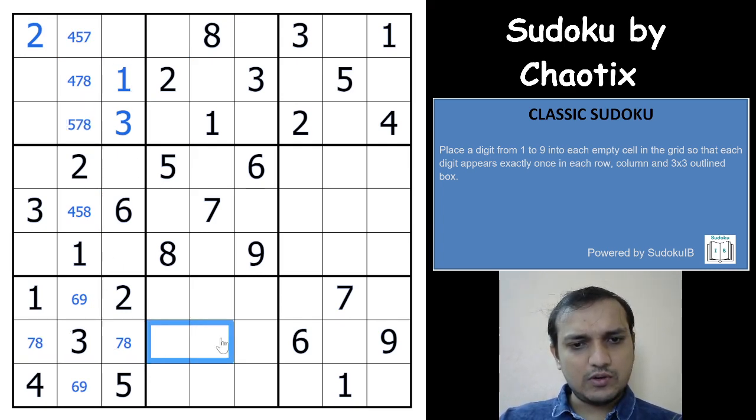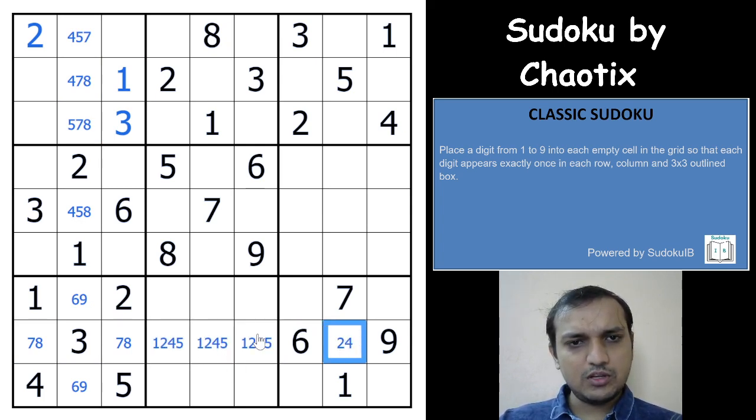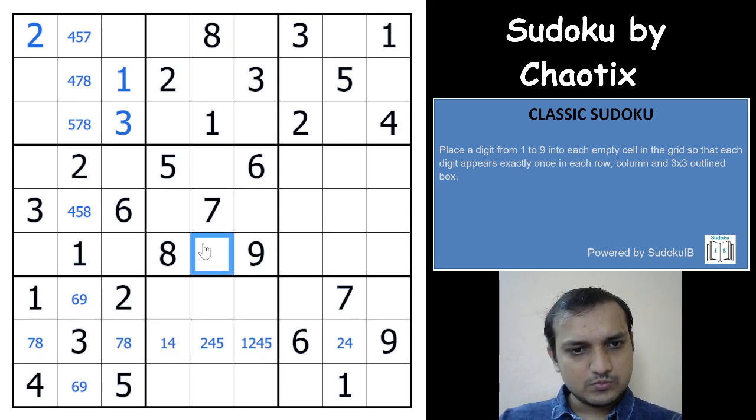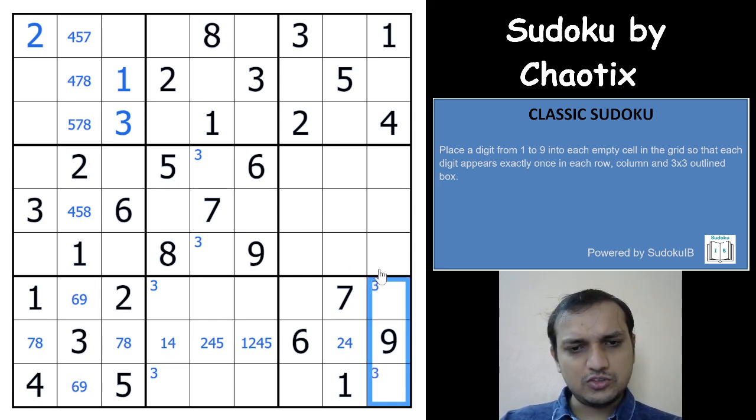So you have 1, 2, 4 and 5 here. 1 and 5 cannot be here. 1, 2 and 5 cannot be here. 3 has to be in one of these 2 cells. That gives you 3 in one of these 2 cells.